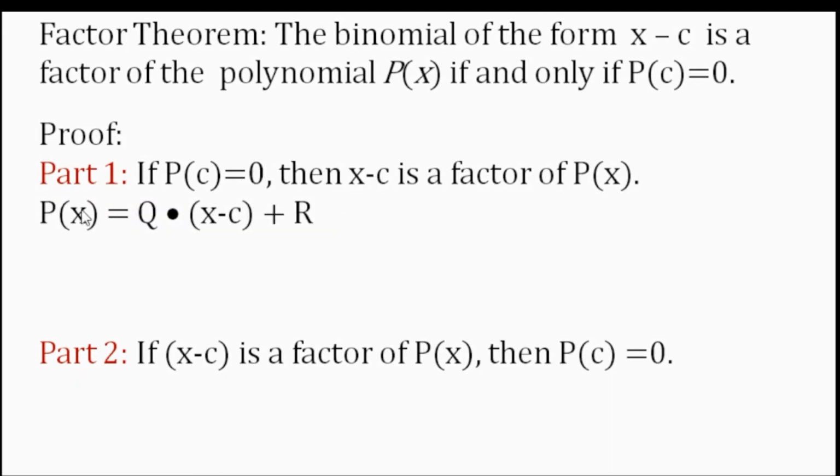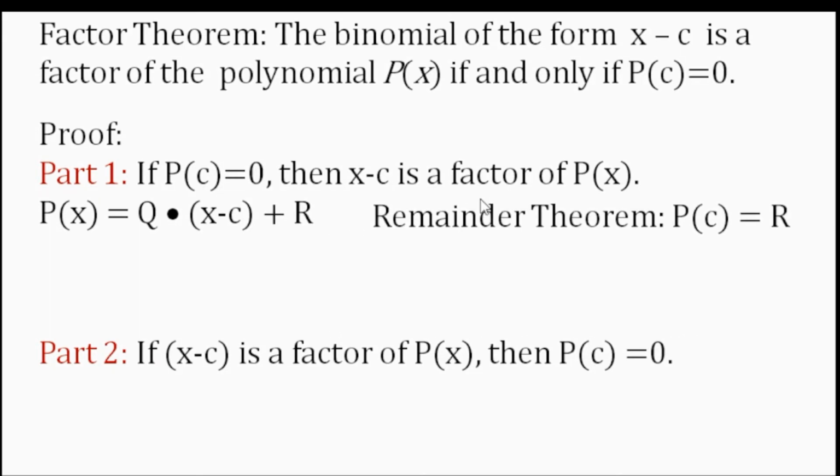This was the math statement that we obtained a while ago. p of x equals q times the binomial x minus c, plus r. We know from the remainder theorem that r is actually p of c. So we can replace this r with p of c.